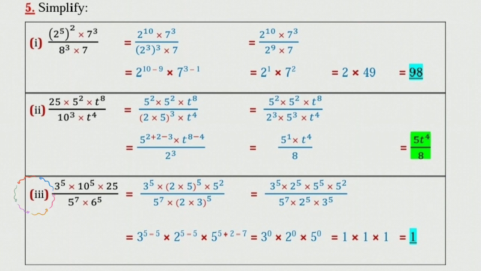Now simplify this further, that is 3^5 × 2^5 × 5^5 × 5^2 upon 5^7 × 2^5 × 3^5. Now simplify this further, we will get 3^(5−5) × 2^(5−5) × 5^(5+2−7), which is equal to 3^0 × 2^0 × 5^0, which is equal to 1 × 1 × 1, which is equal to 1. It's clear, everyone? Very good.